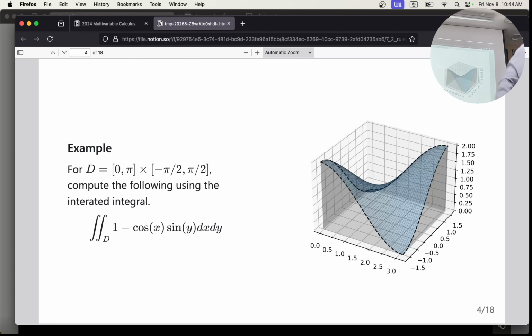So I'm going to do it for you, and then I'll let you do the other examples. So here, 1 minus cosine x sine y dx dy.